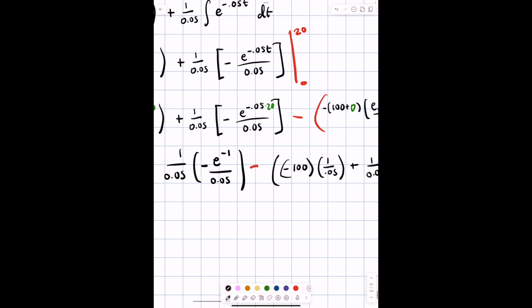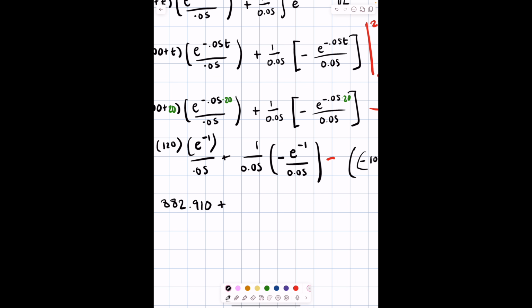Plus I have 1 divided by 0.05 squared times negative e to the power of negative 1, which is 147.15117.